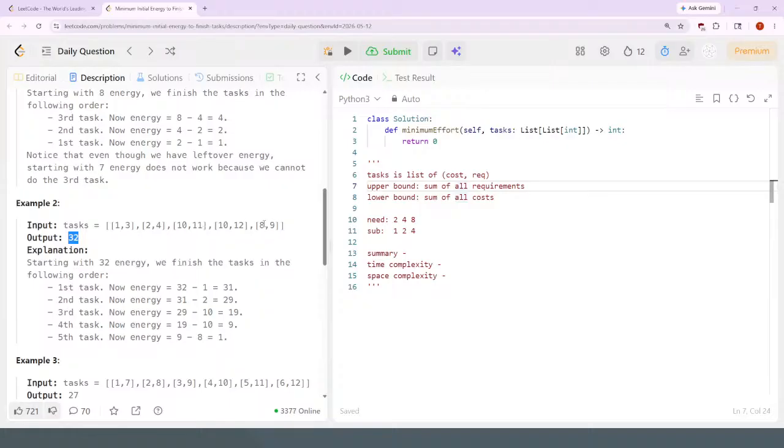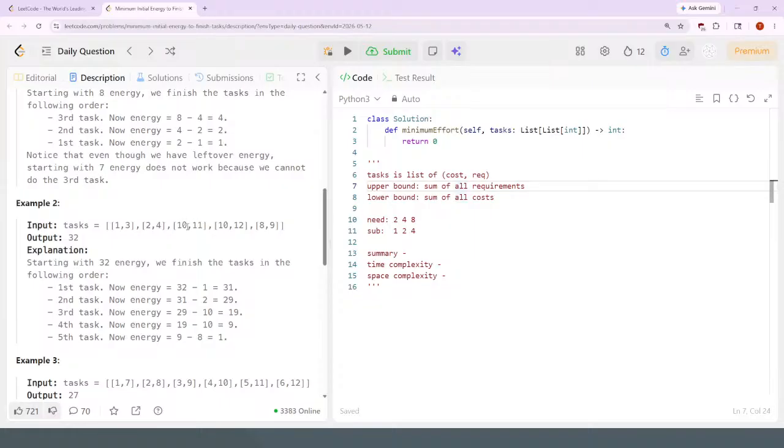So, moral of the story is you want to leave the task that has the lowest imbalance last, because that means you have the least amount of excess energy at the end, kind of.